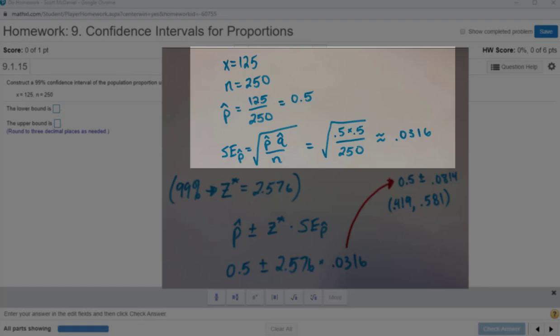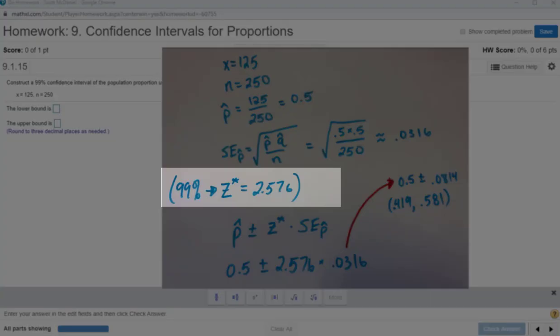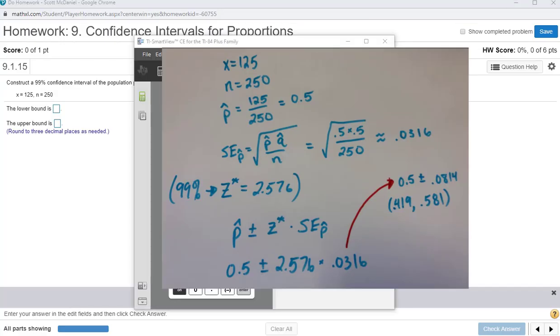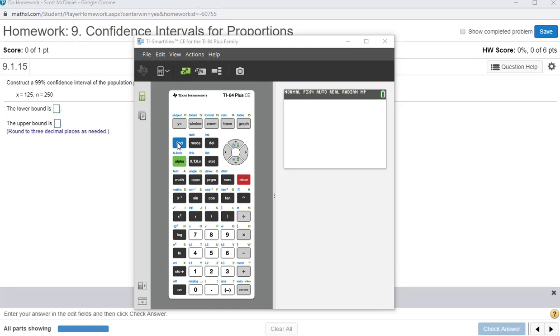Now we use our z value. How many standard deviations, how many standard errors, do I want to go out? Well, with 99% confidence, I have to go out 2.576. If you ever forget what that is, you can go to the calculator and press second distribution and go to inverse norm, number 3.